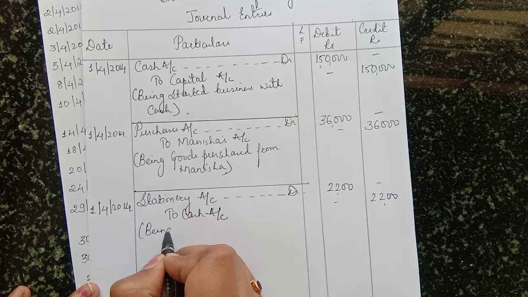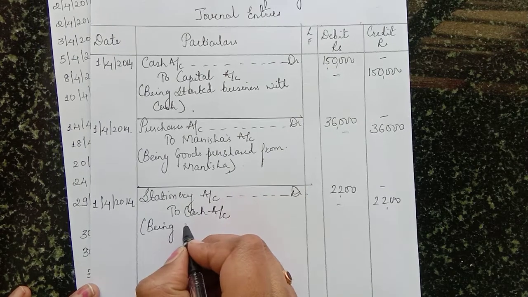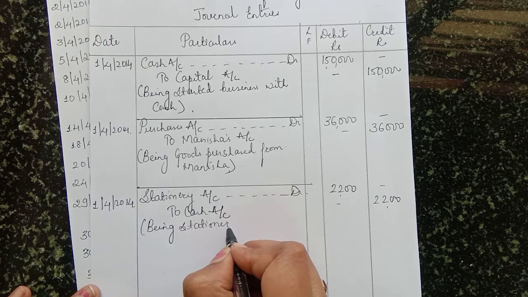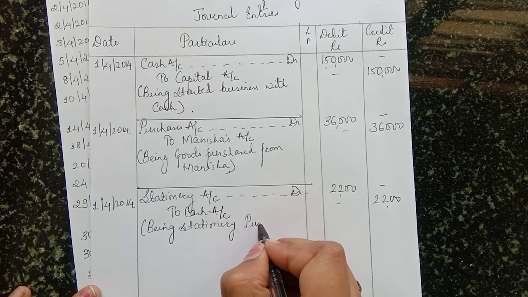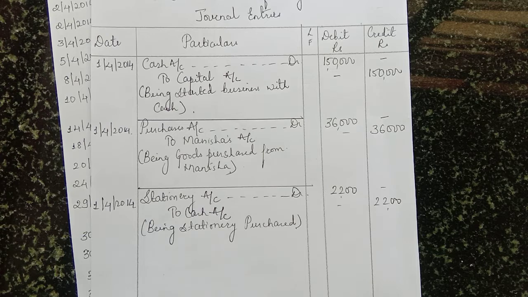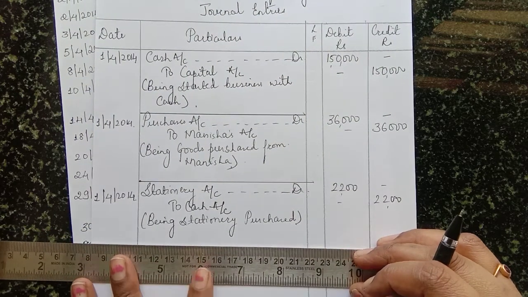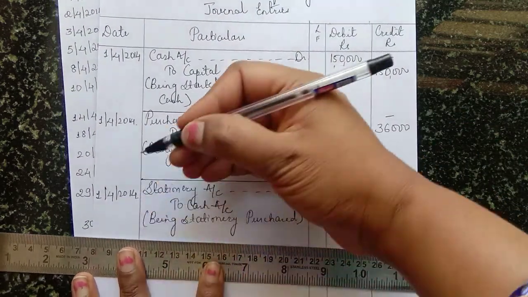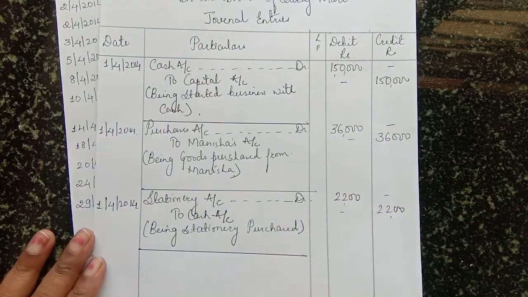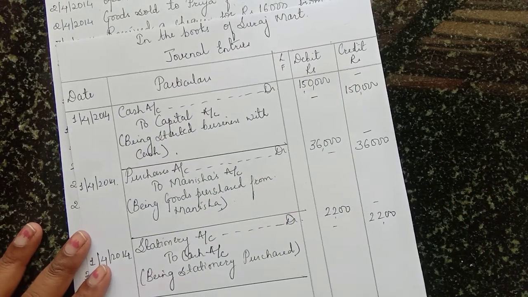Being stationery purchased. Right? So we have completed one more journal entry. Okay. Now I'll draw the line. Next, due date now.